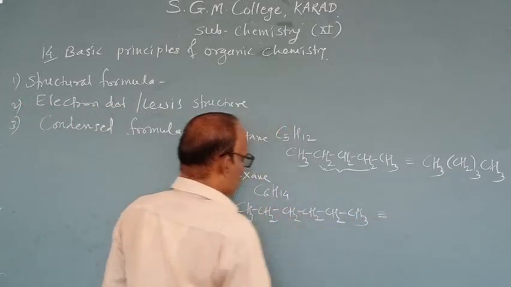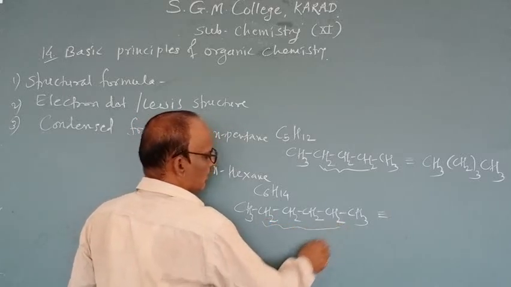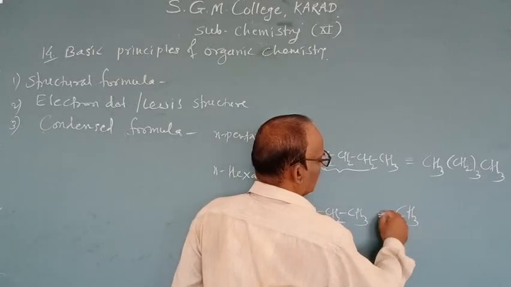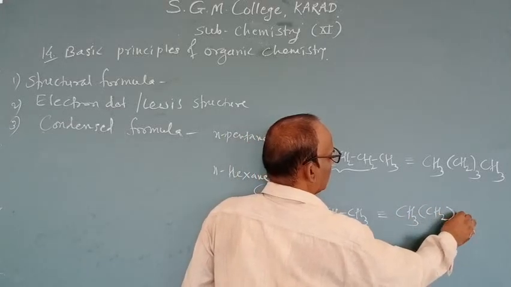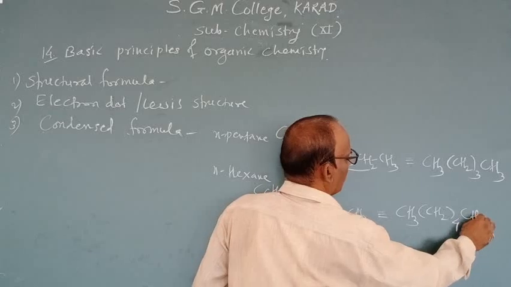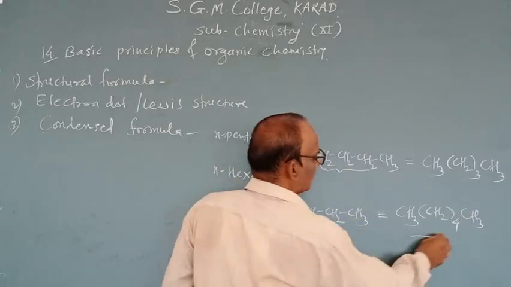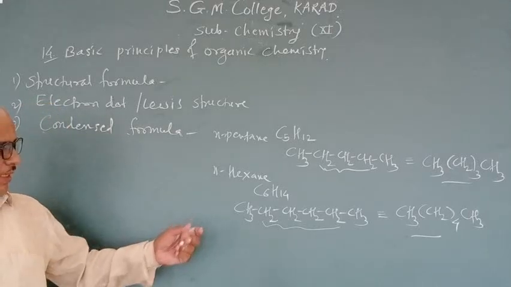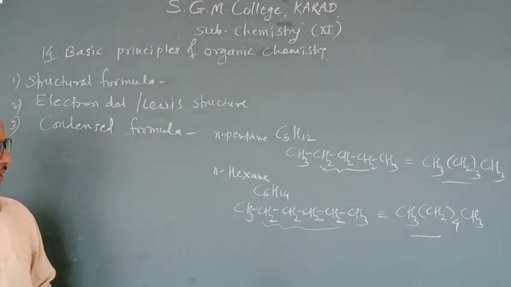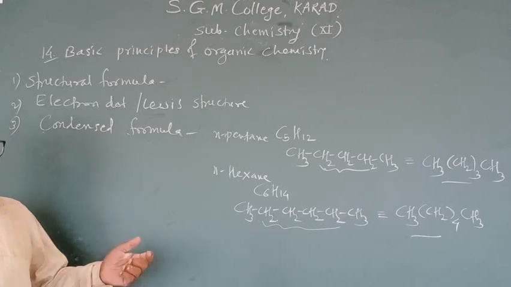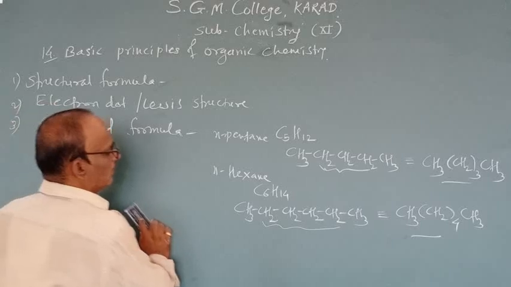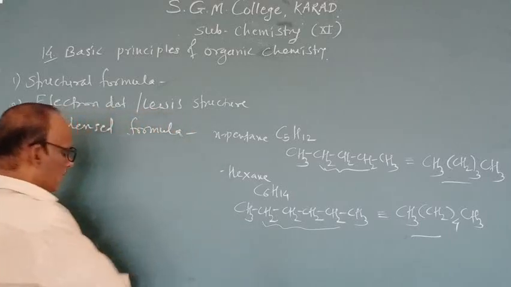We can condense this formula by combining these 4 CH2 groups together and writing CH3, CH2 4 times, and the last one is CH3. Here identical groups are taken into a bracket and there is no covalent bond written in this formula. This type of formula is called a condensed formula.